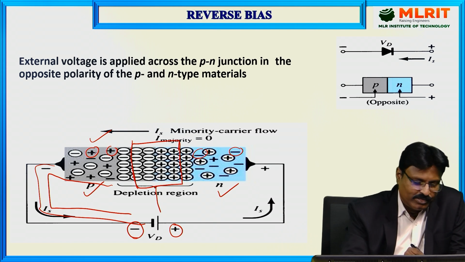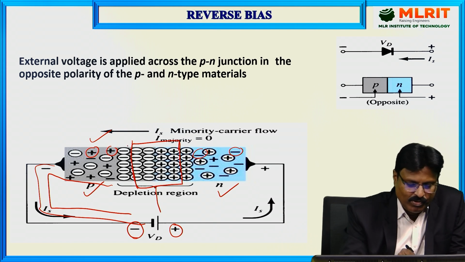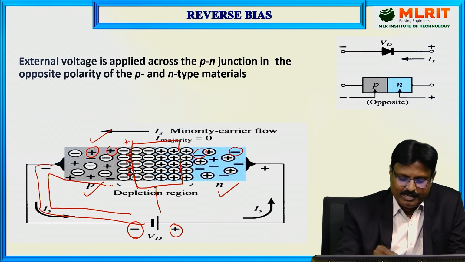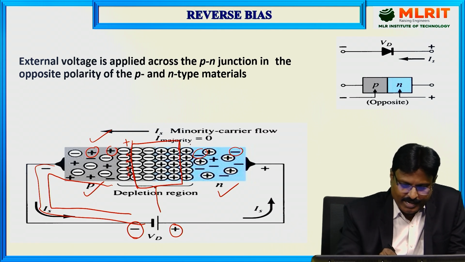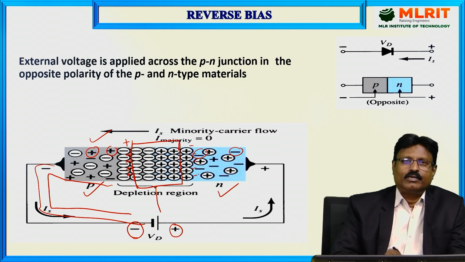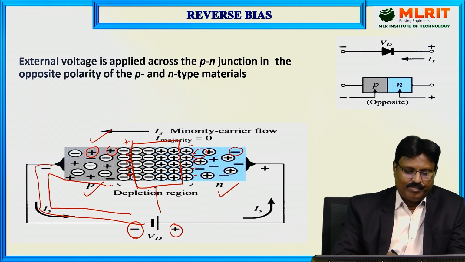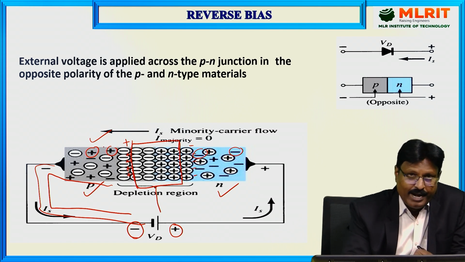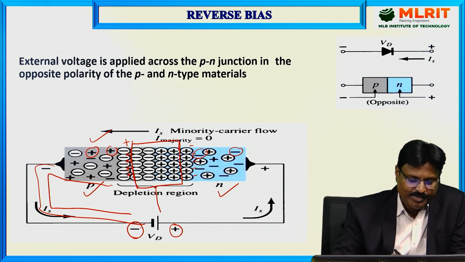Earlier, these particular ions are covered with holes. Let me draw that. And here this particular donor ion is covered with electrons. Whenever you go for the reverse bias operation, due to the attraction of holes toward the negative terminal of the battery, what happens?